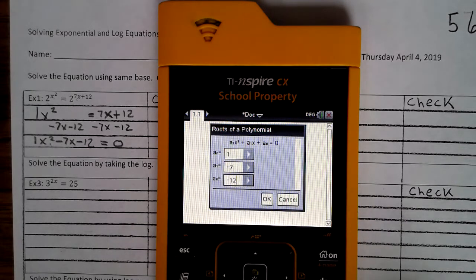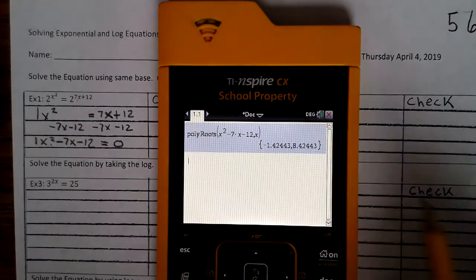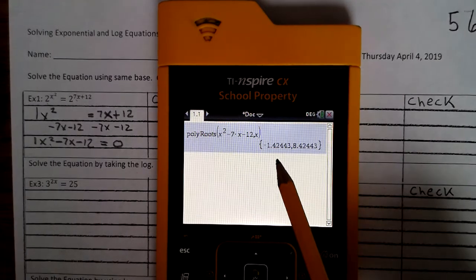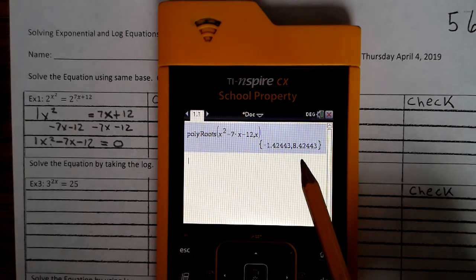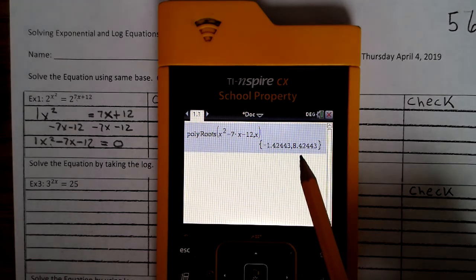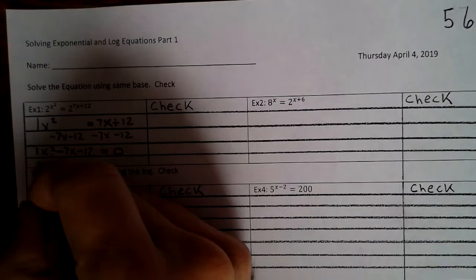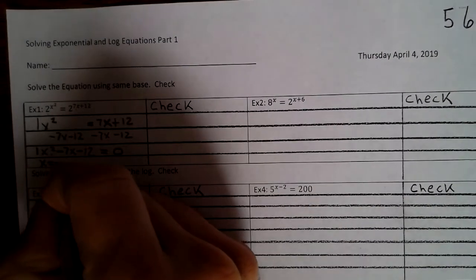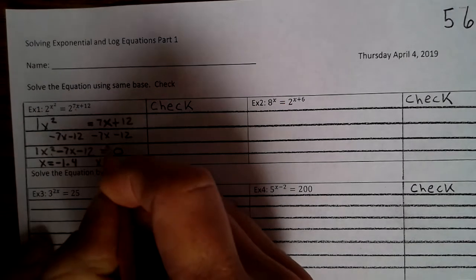Press Enter once, twice, 3 times, and your solutions are x equals -1.42443 and 8.42443, which we're going to round as -1.4 and 8.4. So x equals -1.4 and x equals 8.4.